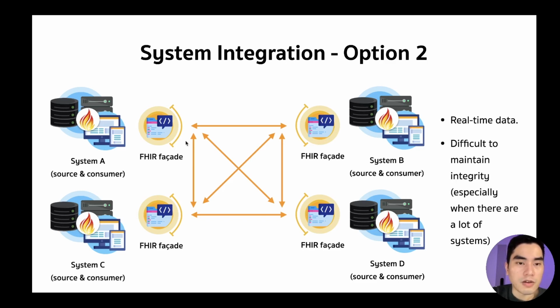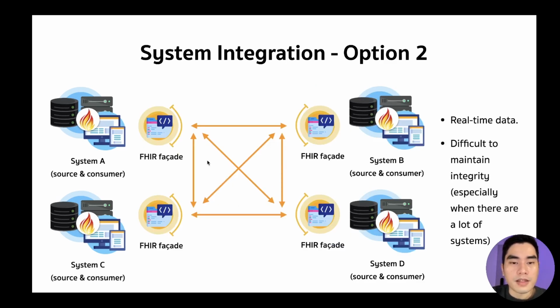we can install a facade on every system, and then everyone can communicate directly with each other. The good thing of this approach is now everyone can get the real-time data, but the problem is it's more difficult to maintain the integrity between data because there is no single system whose responsibility is to maintain the integrity like in this one.